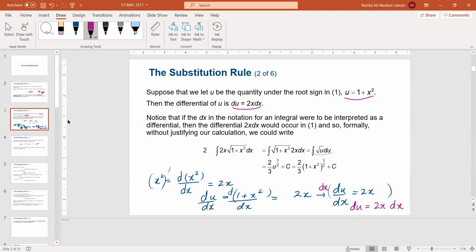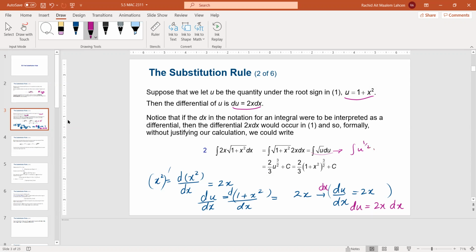So we can replace this square root of 1 plus x squared times 2x dx with the square root of u du. If we do that, then this is easy to do as far as the antiderivative, right?